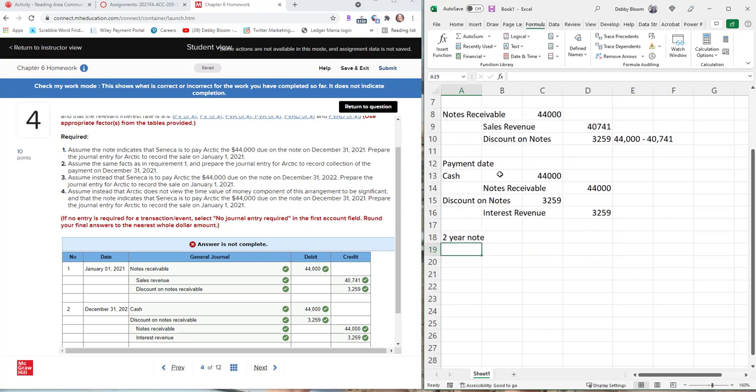So we're going to use 2 ways to calculate the present amount. The first way is we're going to take 44,000 and divide it by 1.08 to the second power. So I've just written down the formula. To do this in Excel, I take 44,000, divide by, open parentheses, 1 plus 8%.